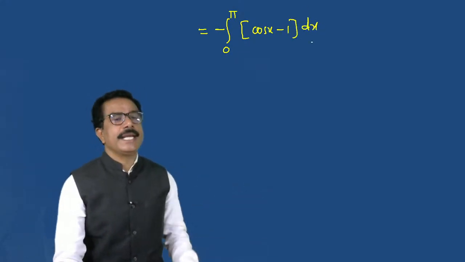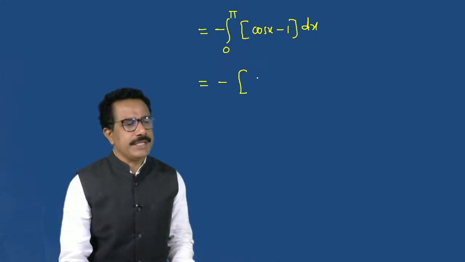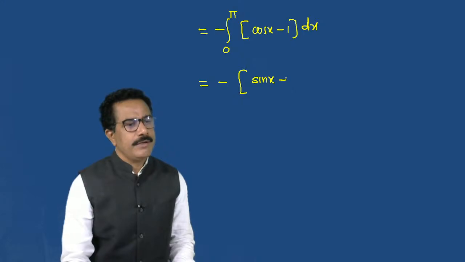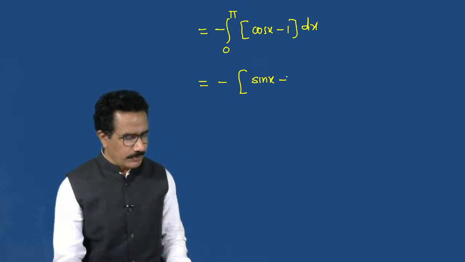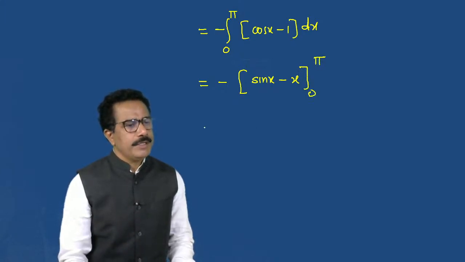Now again we can take the integration. So minus, the integration of cos x is sin x, and the integration of 1 with respect to x is x, over the limit 0 to pi. So keep the upper limit and lower limit.